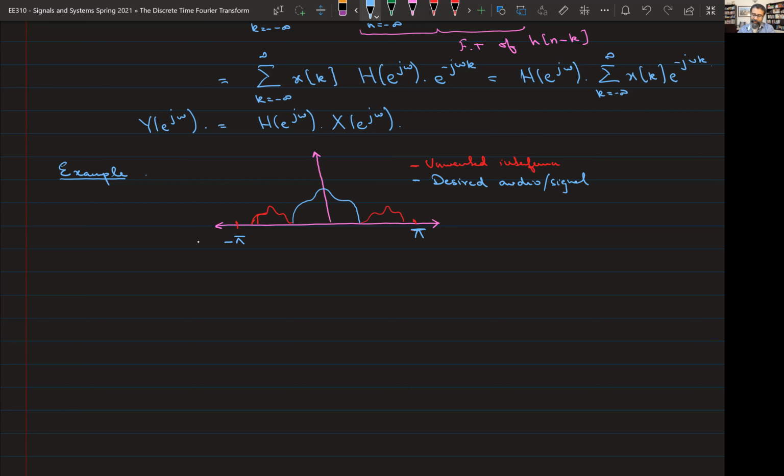Now, if you want to extract this blue from everything else, what you're hearing is this blue thing plus this red thing. What you're hearing is a superposition of these two signals, which contains not only the desired audio but also unwanted interference. And you want to extract this blue thing out from the superposition.